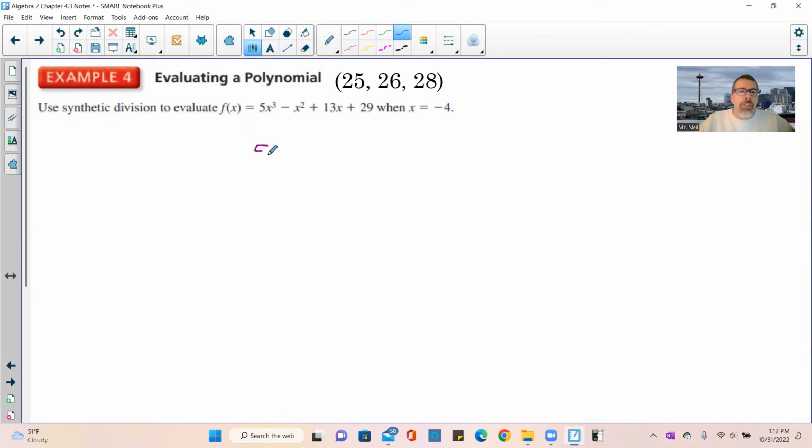So we write the coefficients 5, -1, positive 13, and 29. And we draw our little thingy here, and we want x equals -4. So here it's not x minus k, it says x equals -4. So -4 is going to be what we're dividing by. It's going to go right there.